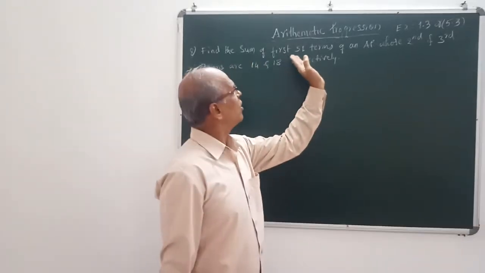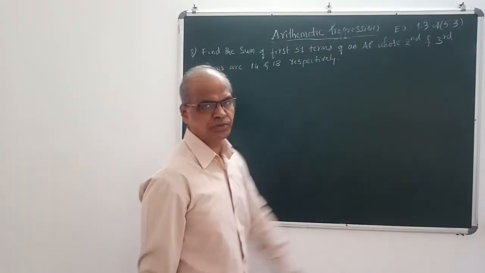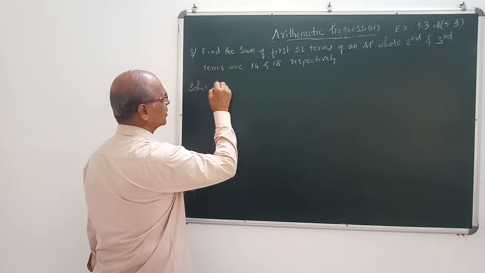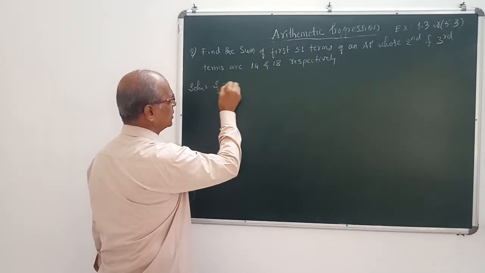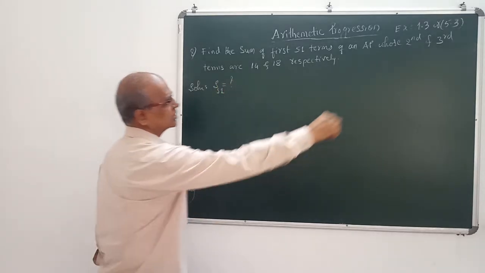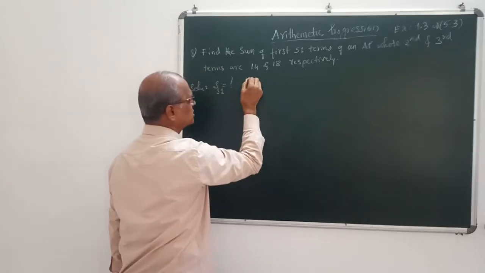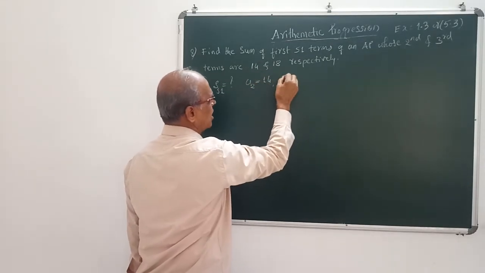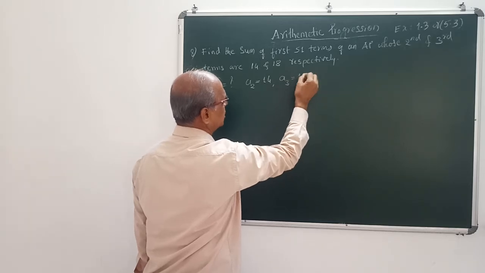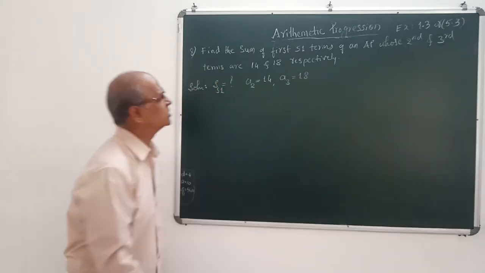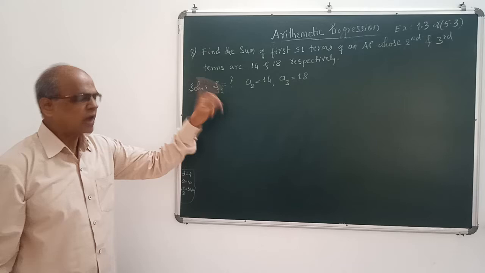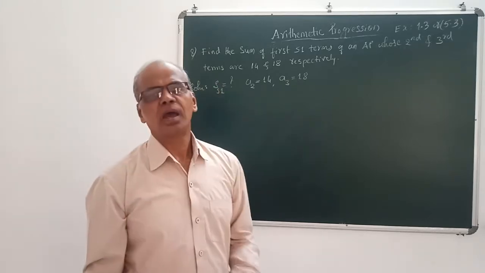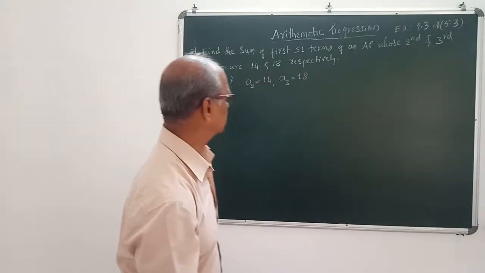Find the sum of first 51 terms. That means yes, S51 we have to find out. Second term, that means A2 is 14 and A3 is 18. Right? So to find S, we have to find A and we have to find D first.